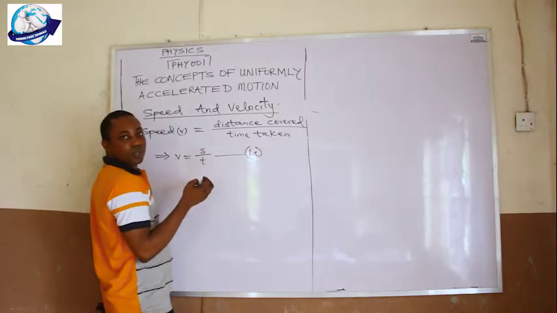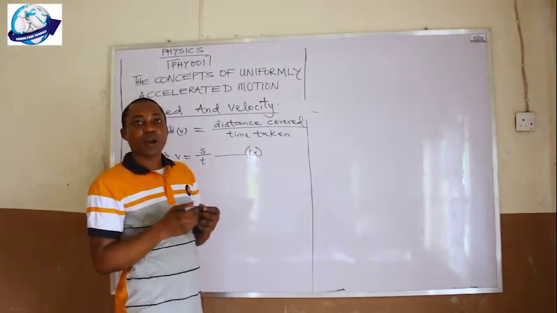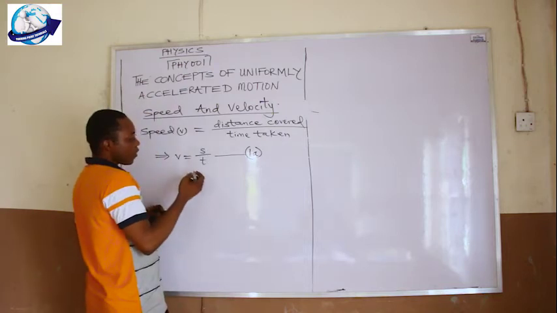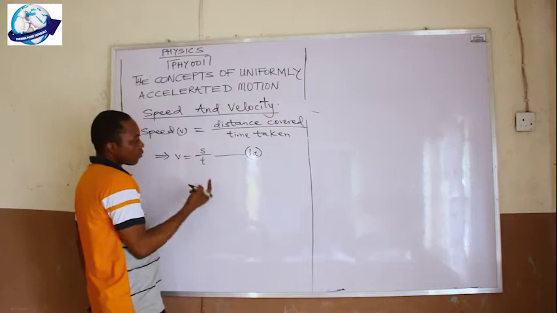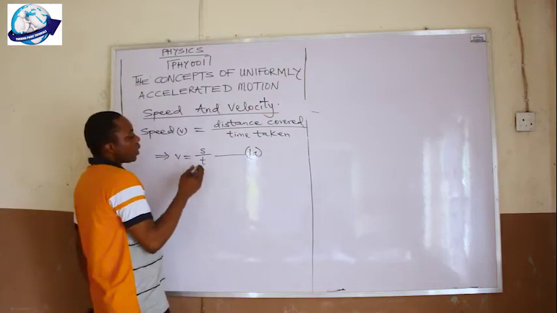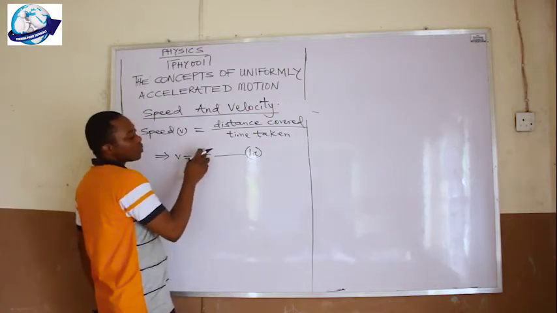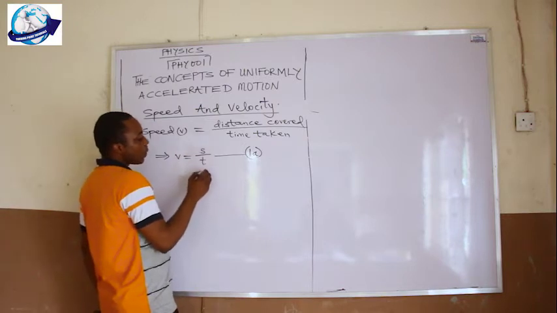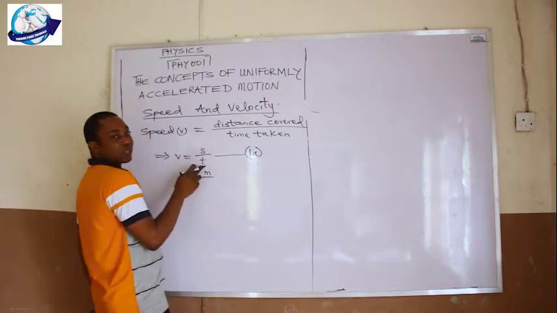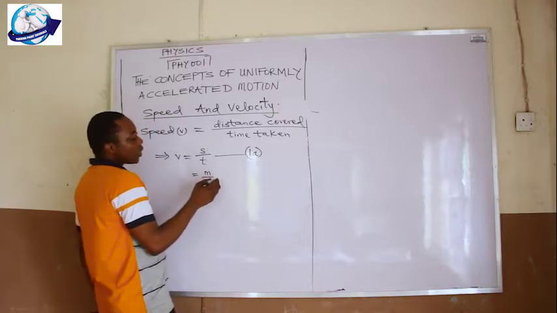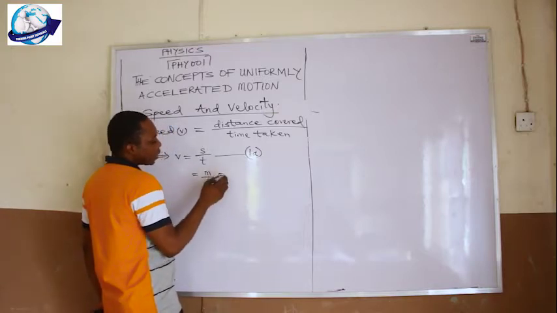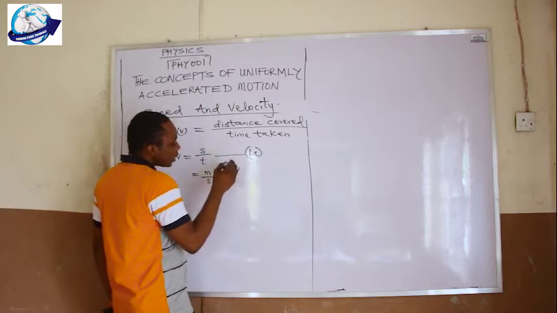When you come to derived quantities, we can derive the units from this formula. The unit for distance is meter, and the unit for time is seconds, s for second. If you rewrite it, you will have it like meter.